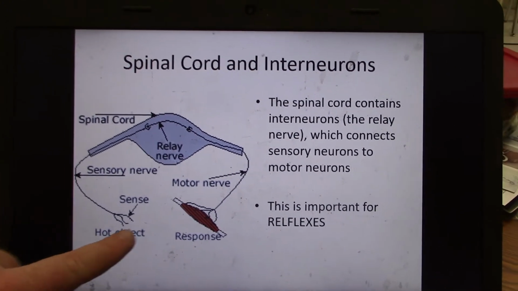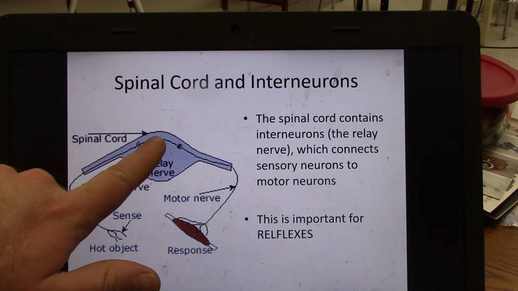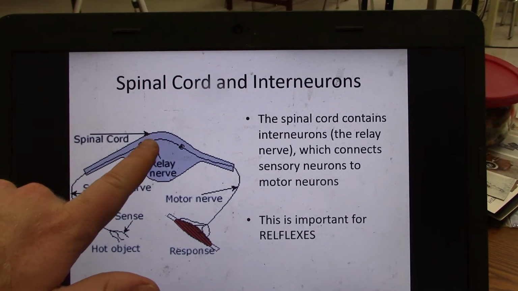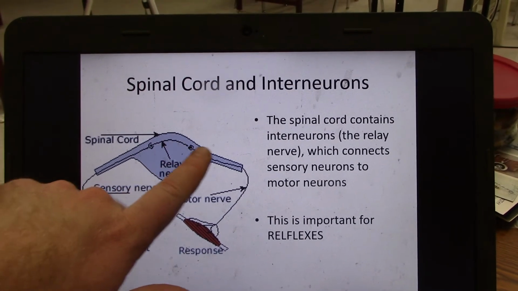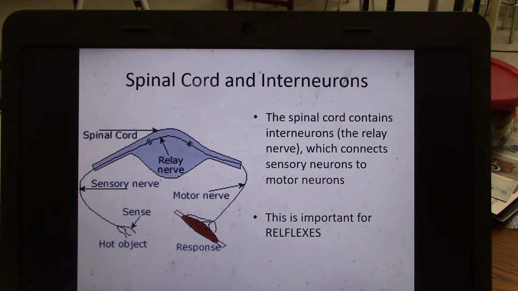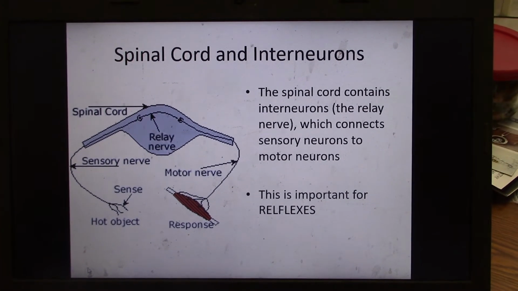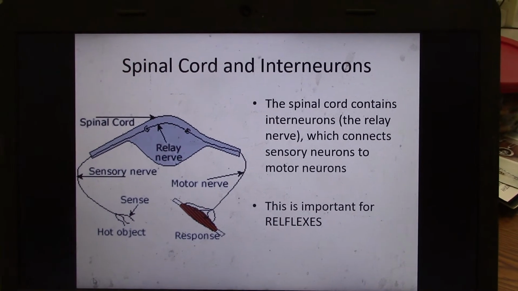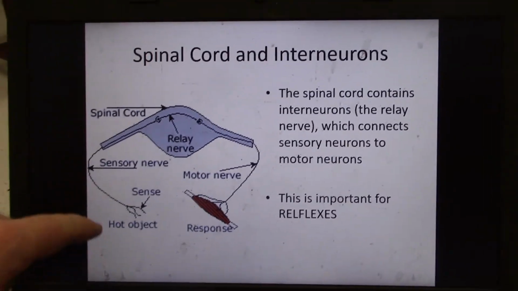So there'll be a lot of sensation coming to the relay nerve, and if the intensity of that stimulus is high, the interneuron will override sending the signal directly to the brain first, and then send a response as quickly as possible to the right parts of the body to respond appropriately to that intense stimulus. All right, so reflexes are determined by the intensity of the incoming stimulus.